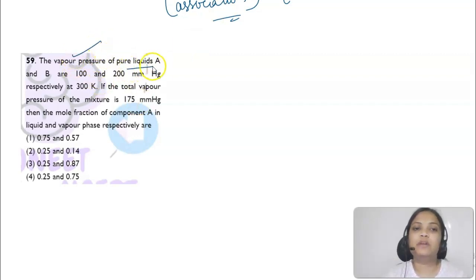It says the vapor pressure of pure liquids A and B are 100 and 200 millimeter of mercury, respectively, at 300 Kelvin. If the total vapor pressure is 175 mm of Hg, then the mole fraction of component A in liquid and vapor phase are. So basically, what is given to us, we will write. The vapor pressure of pure solvents is given.